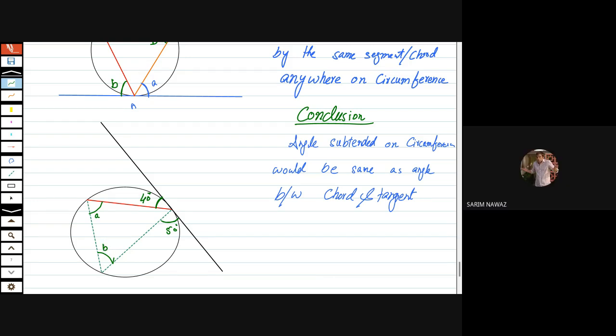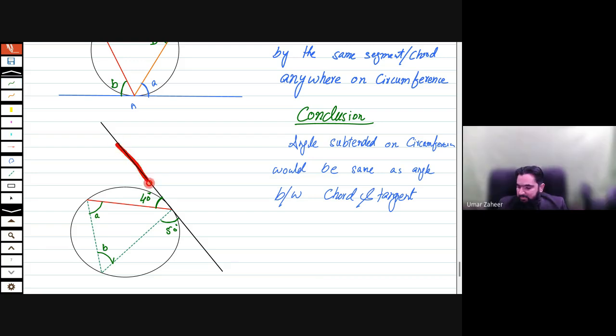Sir, A is 50. A is 50. This is the angle between the tangent and the chord, this one. This is the chord. Let's say I have to give the names A, B, and C. So this is the angle between the tangent and the chord AB, and this is the subtended angle from the same chord. So this angle is equal to 50 degrees as well.